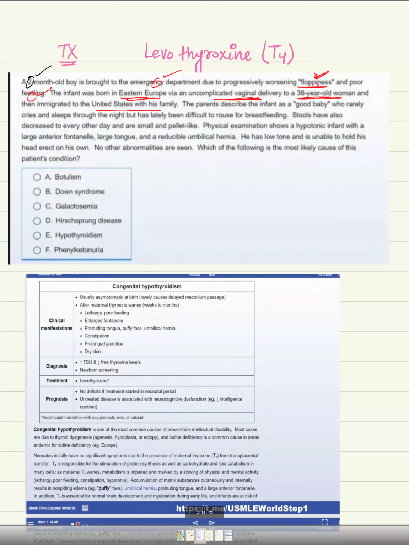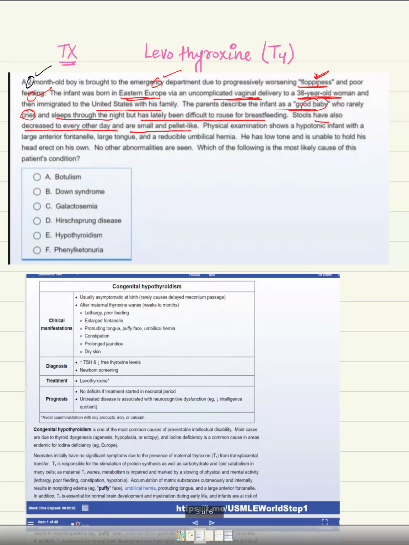The parents described the infant as a good baby who rarely cries, meaning he isn't crying, or cries very softly, and sleeps throughout the night, but has lately been difficult to rouse for breastfeeding. Stools have also decreased to every other day, and are small and pellet-like.